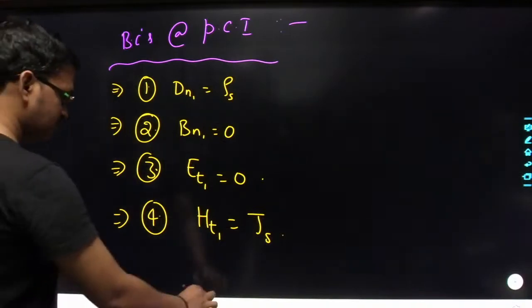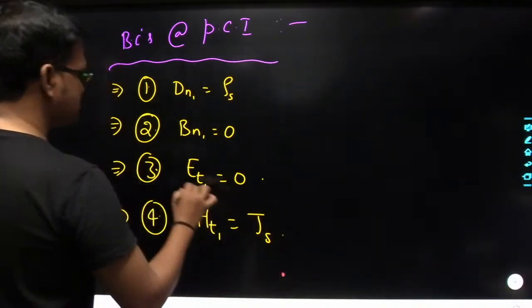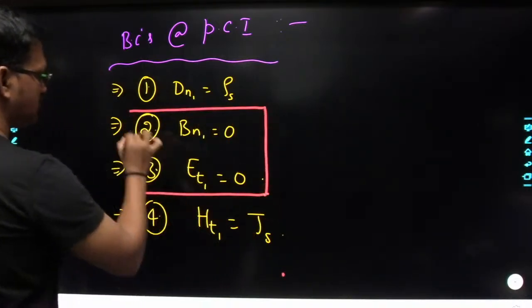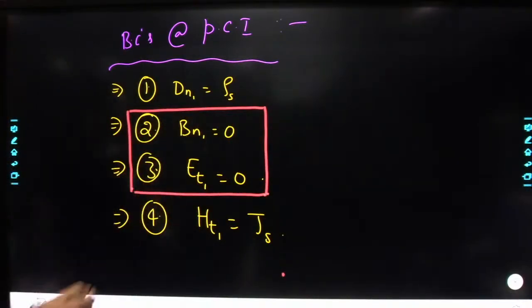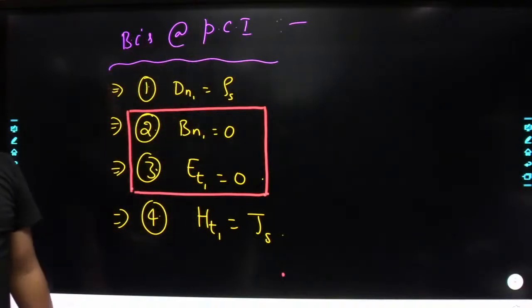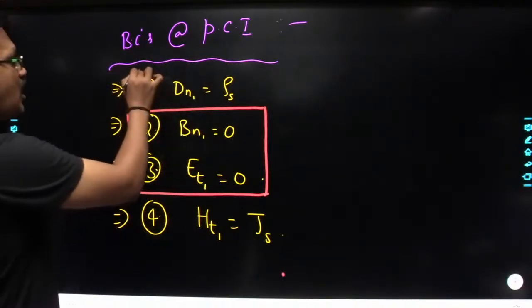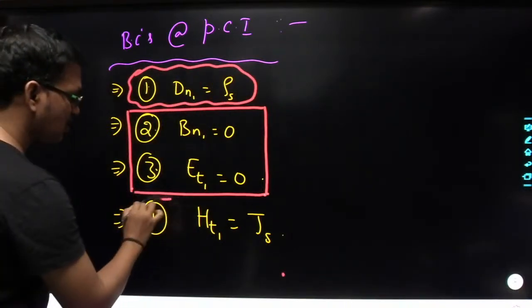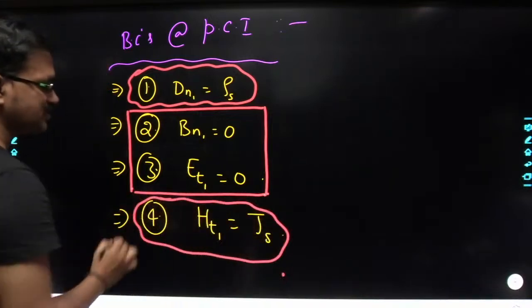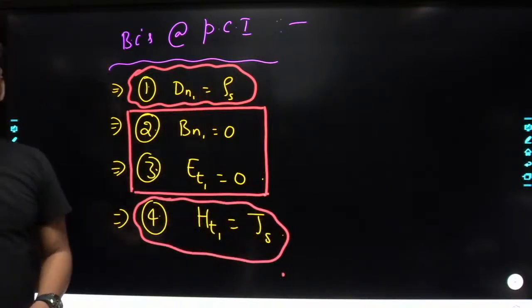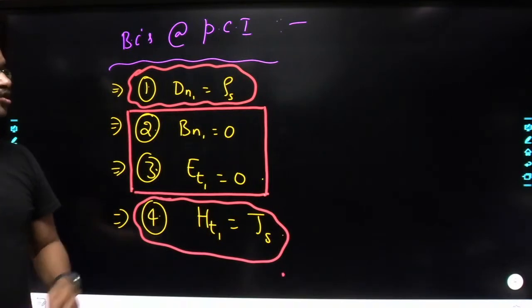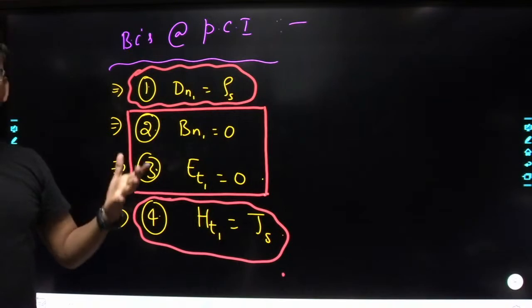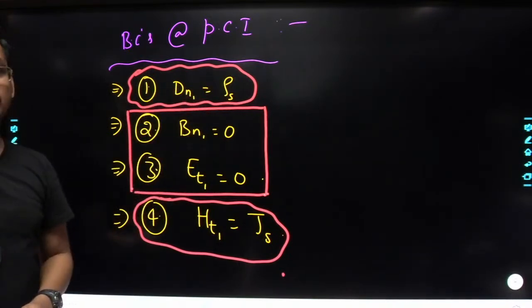Now if you observe here, the tangential component of electric field and the normal component of magnetic flux density are both becoming zero exactly at the perfect conducting interface. Whereas the normal component of electric flux density and the tangential component of magnetic field intensity are not becoming zero. So DN1 is nothing but the maximum value of the electric flux density at the perfect conducting interface.